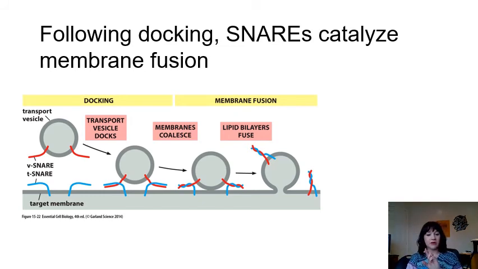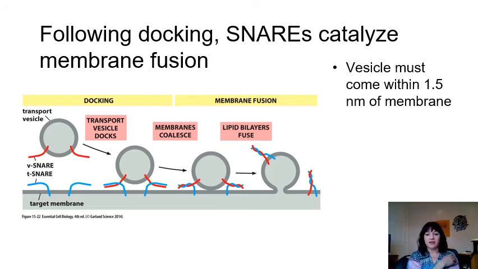Then it's pretty cool. These V and T snares will twist around each other, and they act like a winch, bringing that vesicle closer and closer to the cell membrane until ultimately that vesicle fuses with the cell membrane.